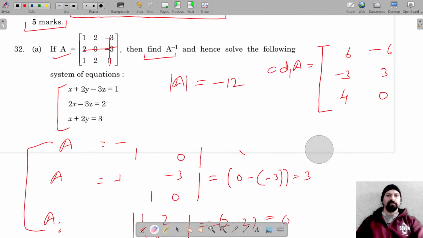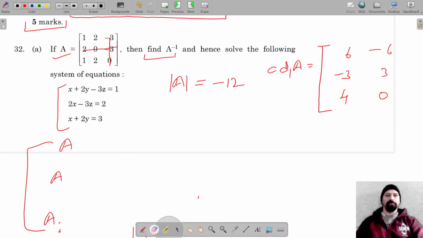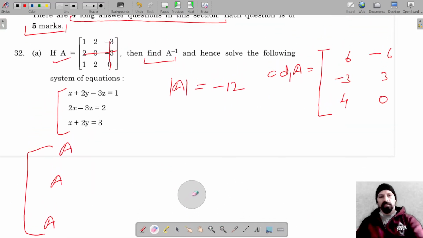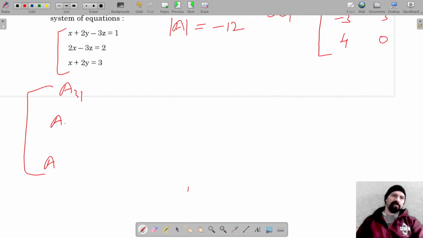Okay, now let's find out the cofactors for the third row. Okay, so third row means 3, 1, 3, 2, and 3, 3. So 3, 1, it's plus, it's negative, and it's plus.